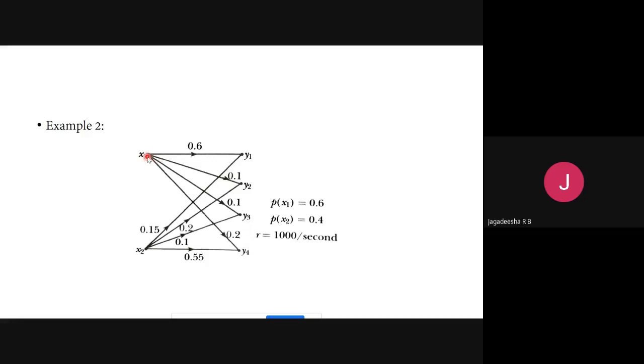The transition probabilities are given from x1 to y1, x1 to y2, x1 to y3, x1 to y4. These are the different values. Similarly, for x2 to y1, y2, y3, and y4, the transition probabilities are given. Using this and also the input probabilities, you need to find out some parameters.